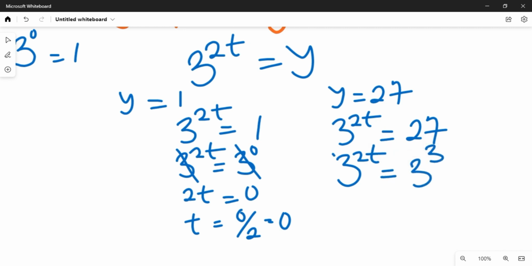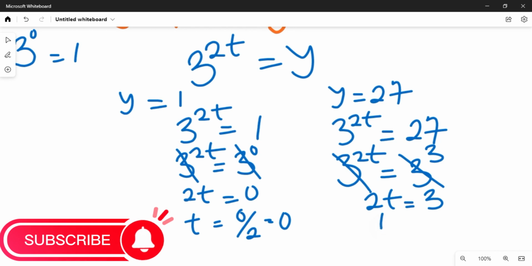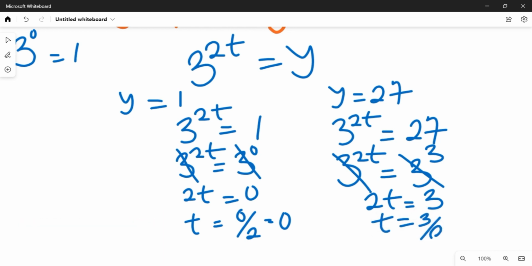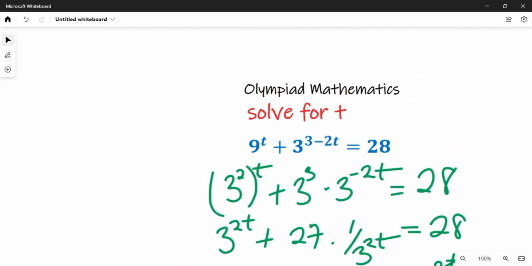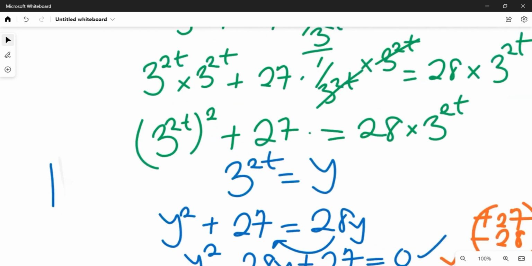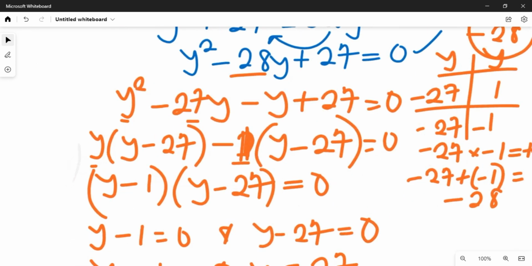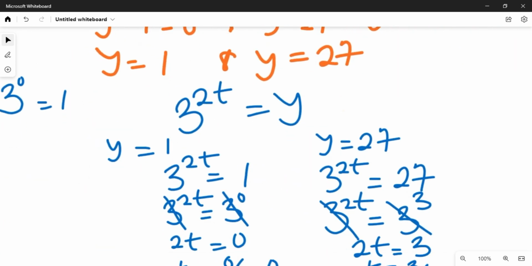We'll have a common base. This base will cancel this. Then our 2t will be equal to 3. And then our t here will be equal to 3 over 2. So this stands as the value of t for that equation we have been given. So that is the solution to that equation we have been given.